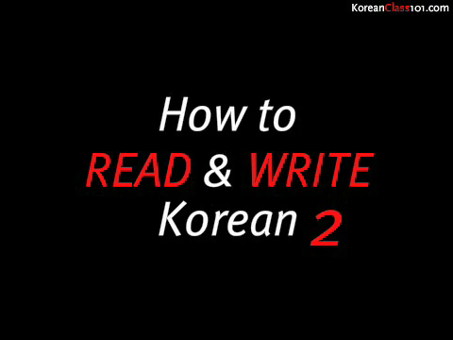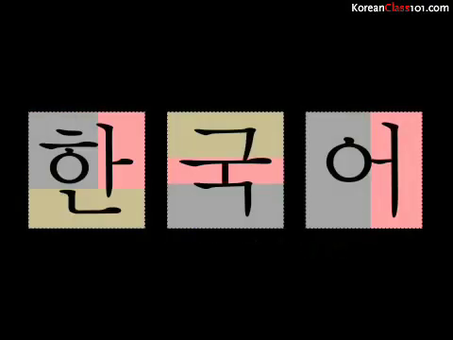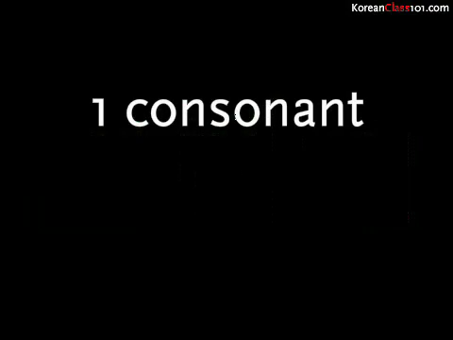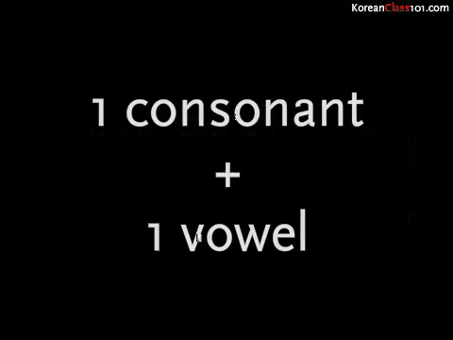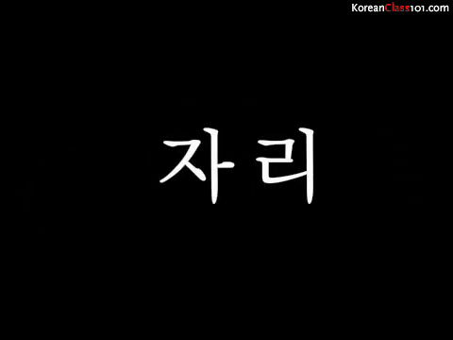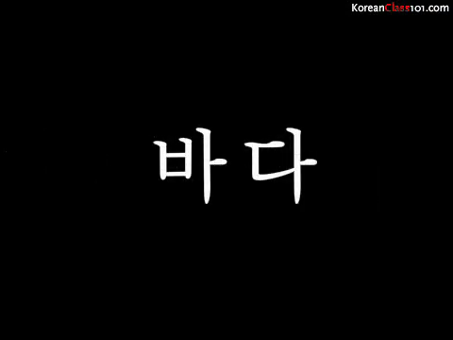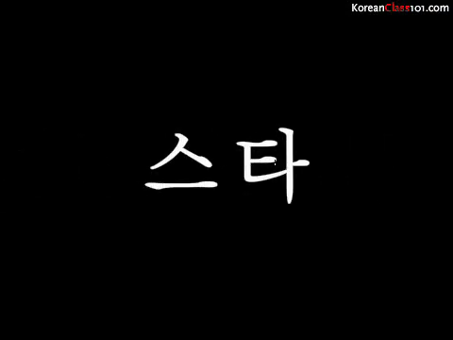As mentioned before, Korean is basically written in squares. So in this video, we're going to take a look at a few actual words that consist of one consonant and one vowel. It may sound too simple, but in Korean, there are thousands and thousands of words that are made up of one consonant and one vowel. Korean uses words like this every single day.